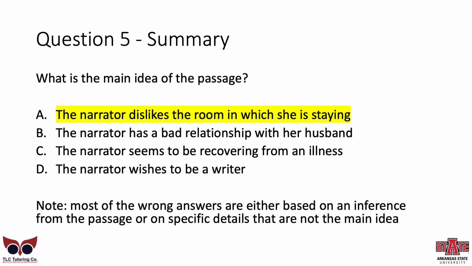Options B, C, and D are referenced in the passage. The passage does at least imply that the narrator has a bad relationship with her husband because she doesn't feel like she can tell him what she wants to do or where she wants to stay. Option C is also implied when the narrator states that the entire reason for being at the country house is so that she can recover from an illness.